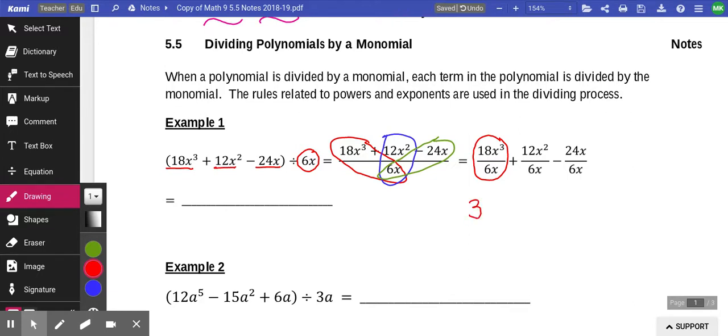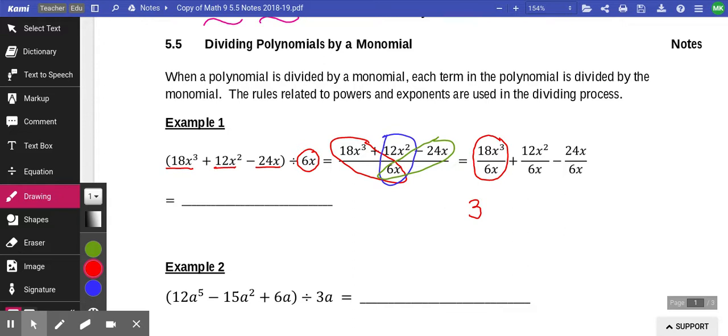Remember, dividing, if you're trying to do it in your head, is breaking something into groups. So if you skip count by the bottom number, skip count by 6s, you'll figure out what it would be. The letters, so x to the power of 3 divided by x, that might be a little different for us. When we multiplied, what did we do to the exponents?